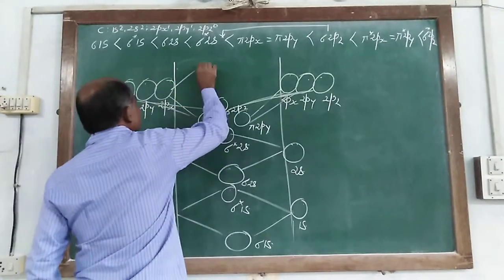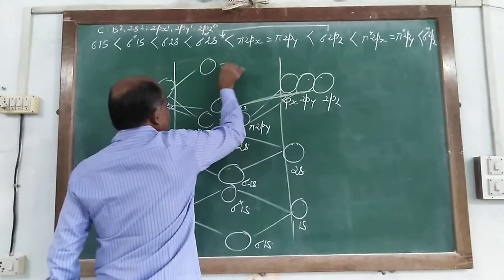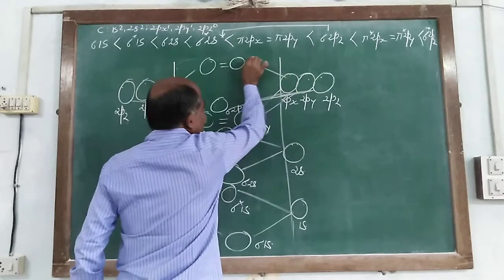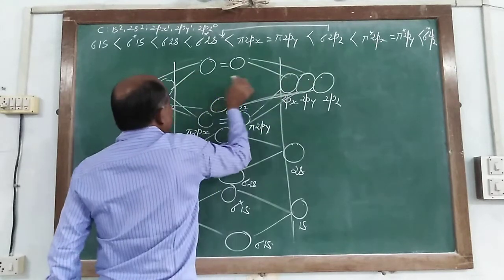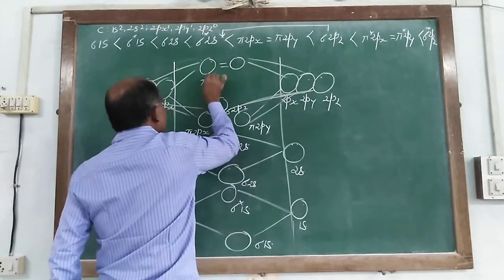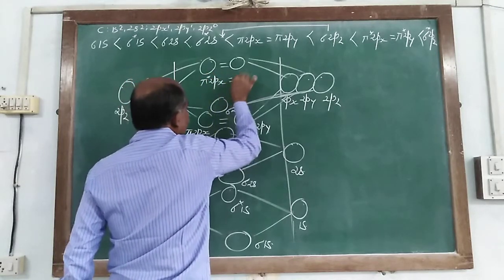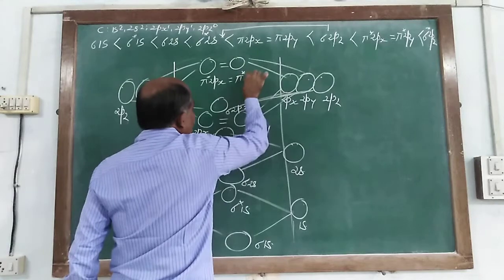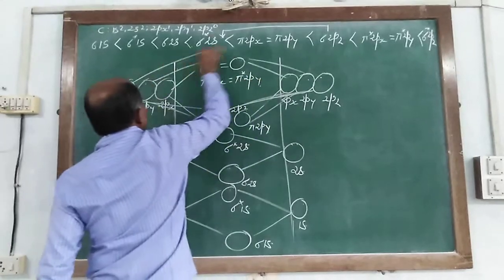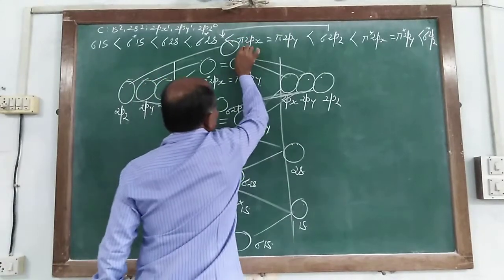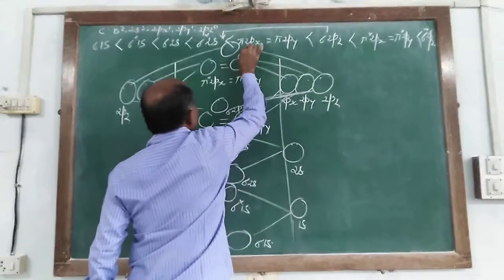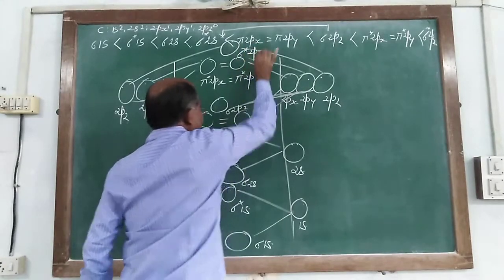Here pi star 2px is equal to pi star 2py, and here it is sigma star 2pz.